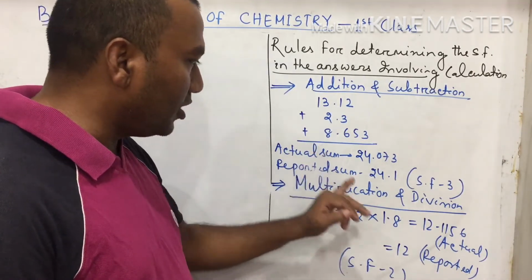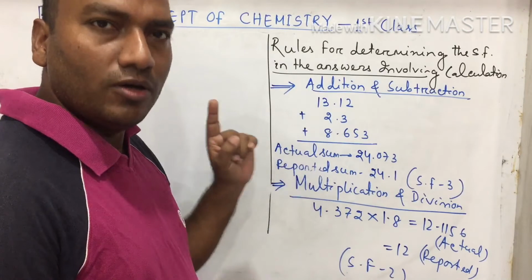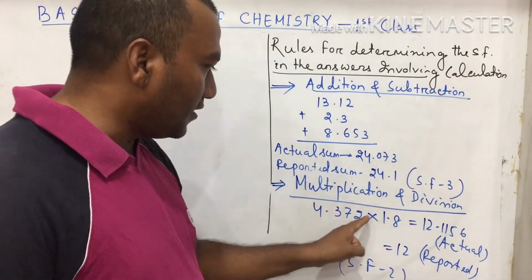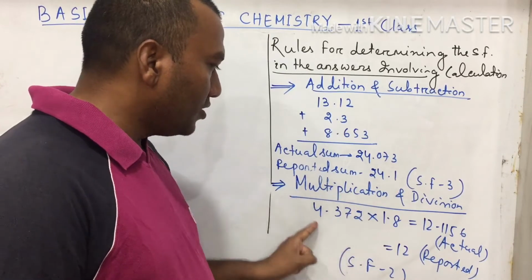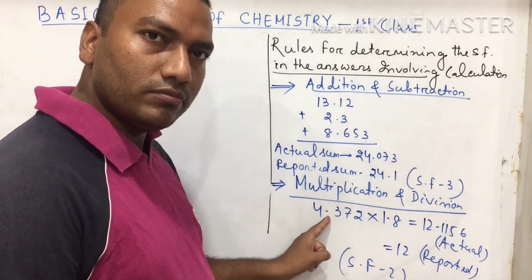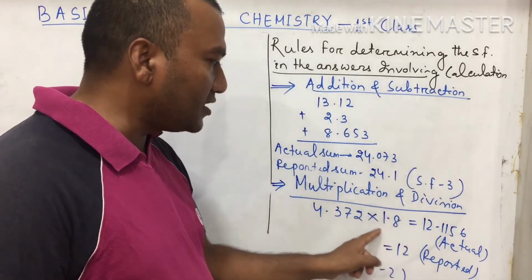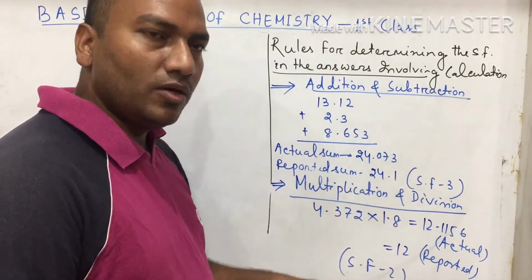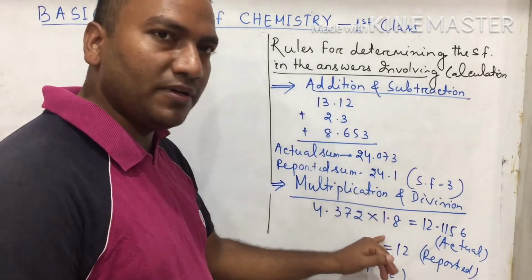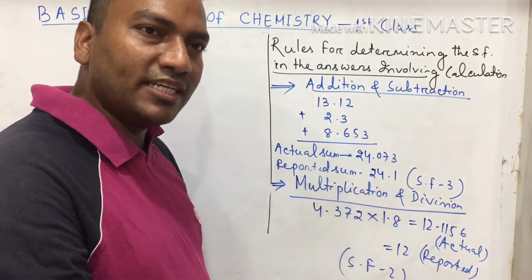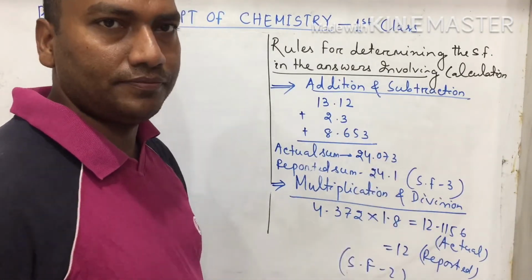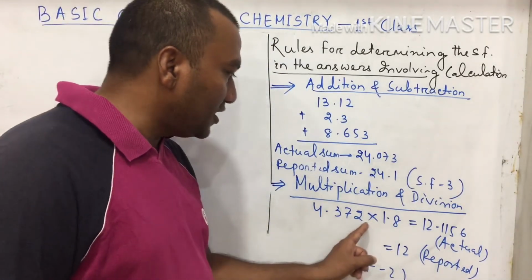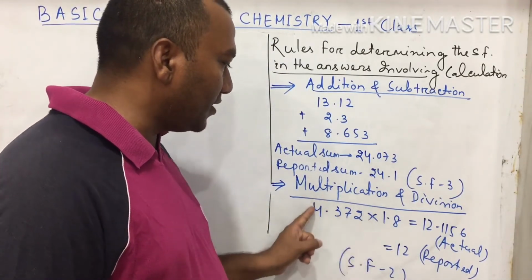For multiplication and division, what is the rule? Always remember, this number has 4 significant figures.